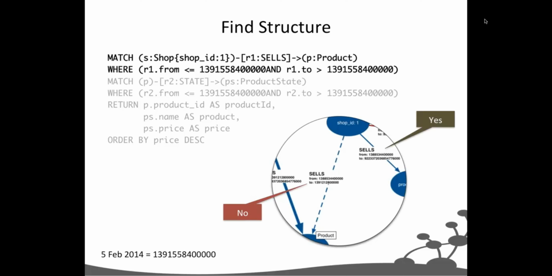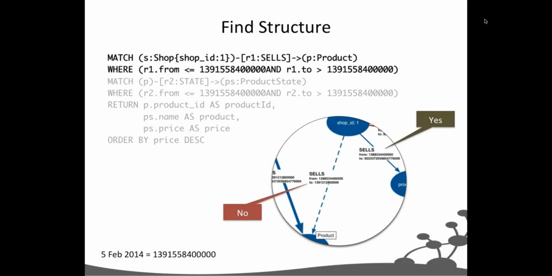Again, we're looking up Shop 1 based on that synthetic ID, and then we're finding all of the outgoing sales relationships that connect that shop to product identity nodes. And then the where clause here is helping restrict the relationships that we're really interested in.